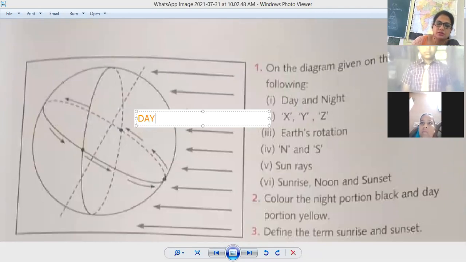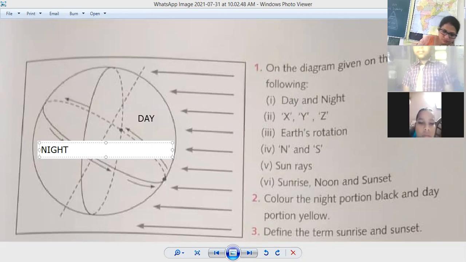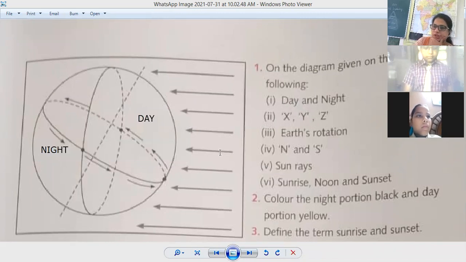Day, and use black color for night. Okay, night. Done.